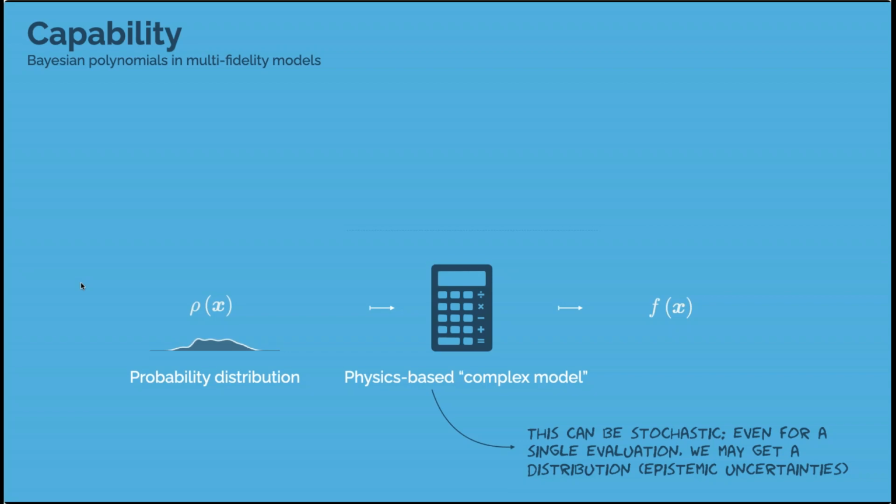The essence of that research is that you can have a workflow where, rather than having a single CFD evaluation, you have an ensemble of CFD evaluations corresponding to a fixed condition. And so naturally, that means that f of x now has a distribution for a given evaluation of the model.